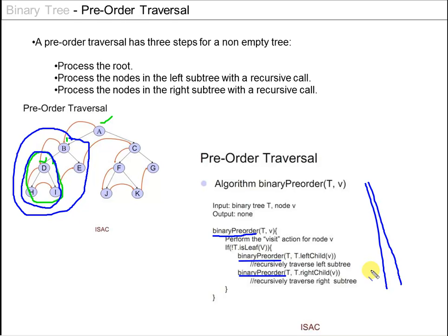search tree pre-order traversal. What I would suggest is that please write this code and print the elements of the binary search tree using pre-order traversal. So basically this is the algorithm for binary pre-order.